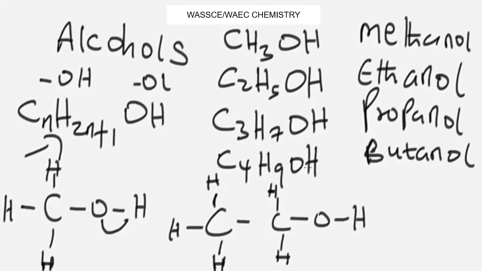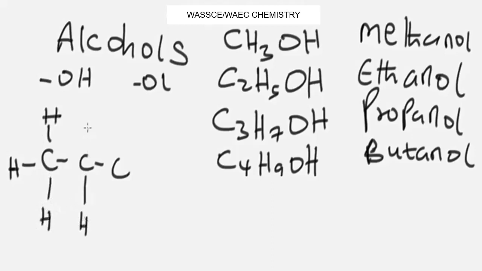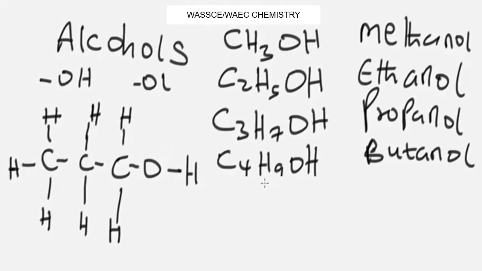Ethanol is C2H5OH, whereas our propanol, let me write below. Here we have the chemical structure of propanol. It has three carbon atoms. So this will be our propanol, C3H7OH, whereas this will be our butanol.